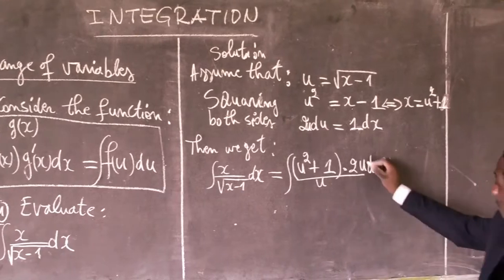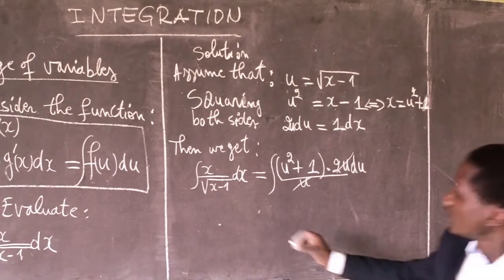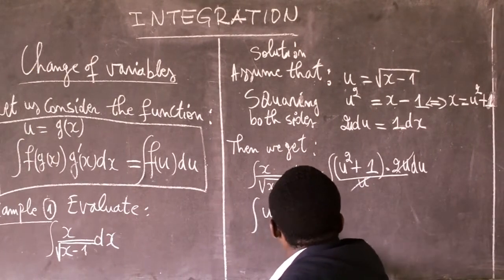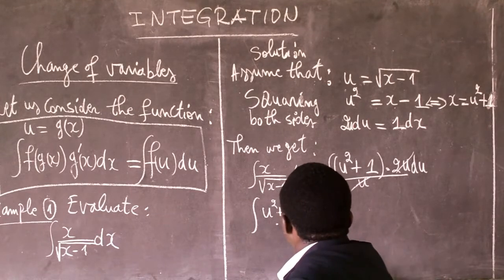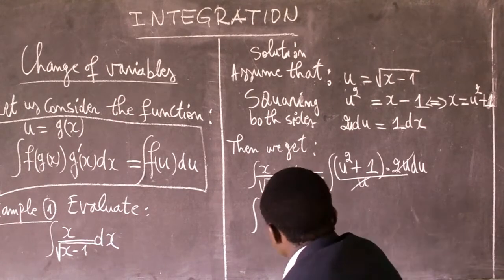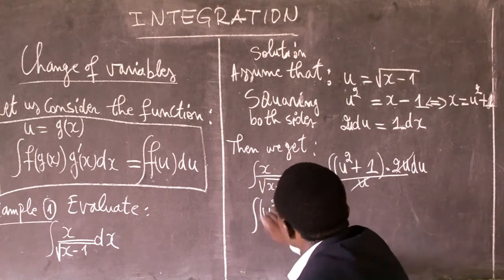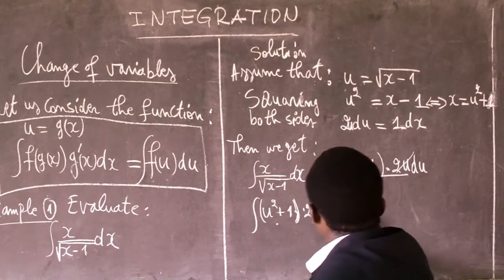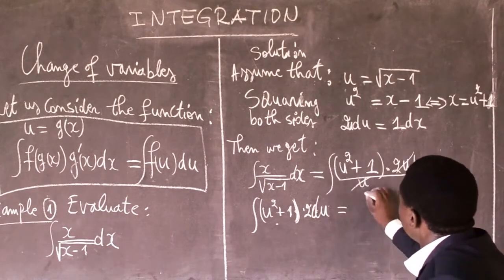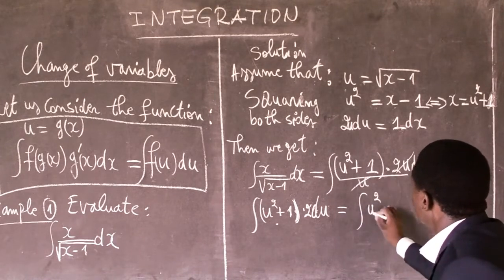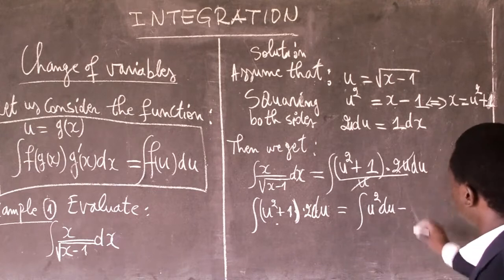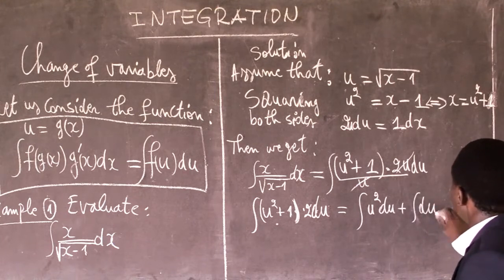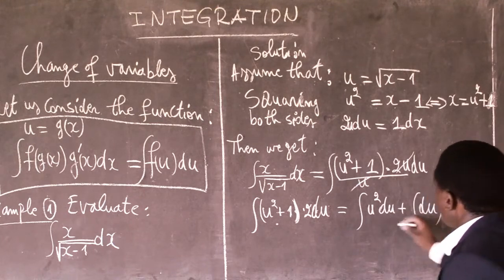We can simplify u, then integration of u squared plus 1 times 2 du. This is equal to integration of u squared du plus integration of du, then times 2.